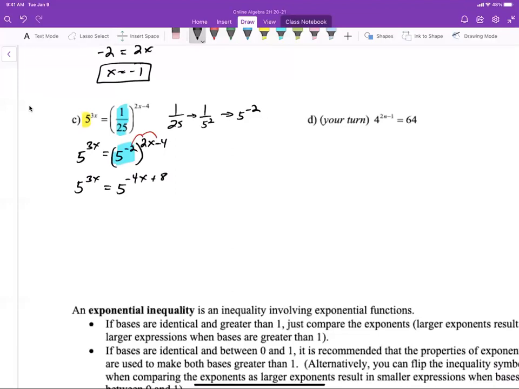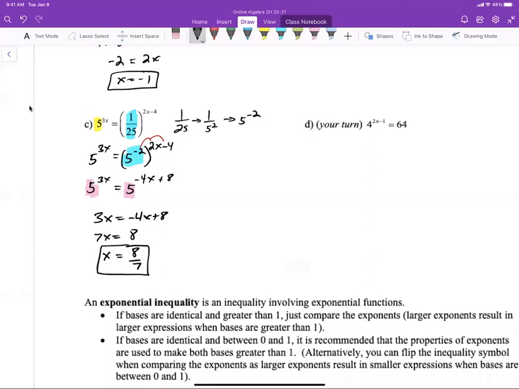Please make sure to distribute that negative 2 all the way through. Now I'm in a situation where my bases are the same, and if they're equal to one another, then we know that 3x is equal to negative 4x plus 8. I can now solve for x. I will add 4x to both sides. I get 7x is equal to 8, and I divide both sides by 7, and I get x is equal to 8 over 7. Why don't you try one yourself?